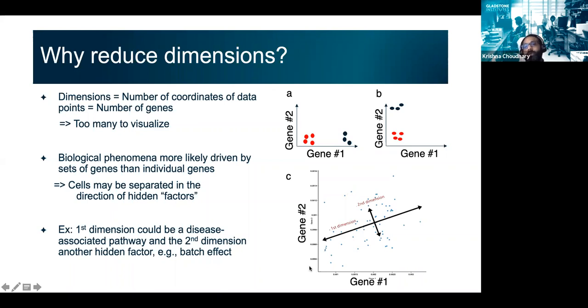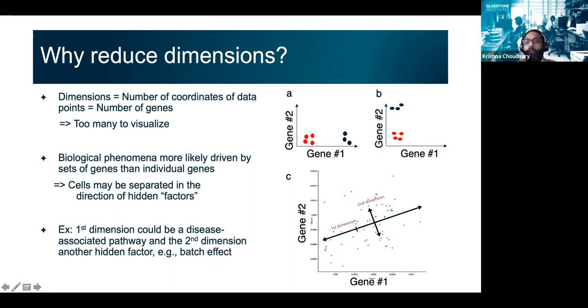You can also extend this in your imagination to very high dimensions, thousands of dimensions. In very high dimensions, we cannot really see it, but the data will be stretched in certain directions much more than in other directions. Those directions in which it is spread much more will be in the direction of some of the genes, or they will be composite directions made up of contributions from the various genes contributing to, let's say, the pathways associated with the disease.